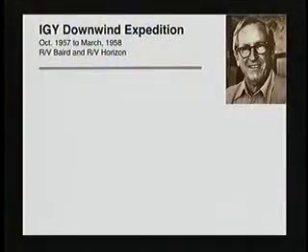Okay, now I thought I looked back in the archives. As I said earlier, there's a lot of things in the library about old Scripps expeditions, and this is one that I've been interested in. It's called Downwind, and it occurred in 1957 and 58 during the International Geophysical Year. And this is aboard the RV Baird and the RV Horizon.